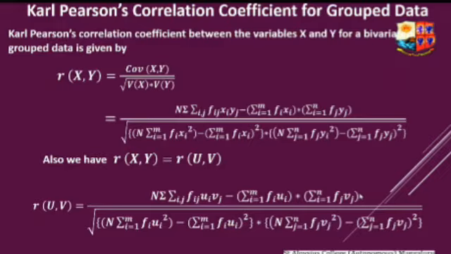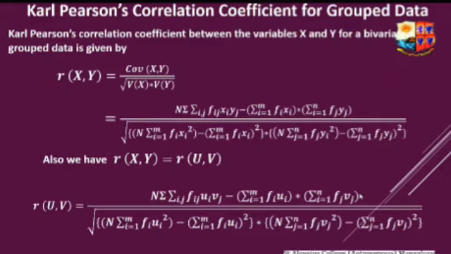Now look at the formula of Rxy. There it is given: capital N double summation Fij Xi Yj. I'll explain all those things. Fij means the cell frequency corresponding to the ith row and jth column.